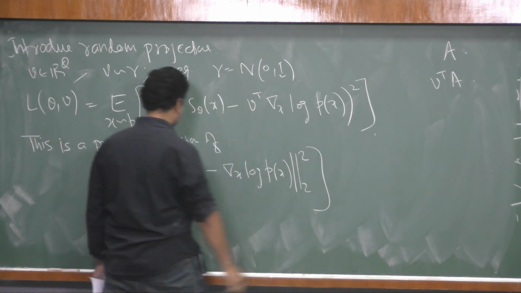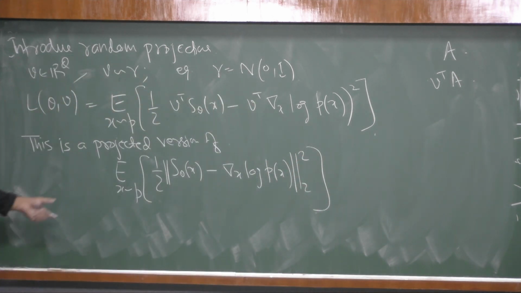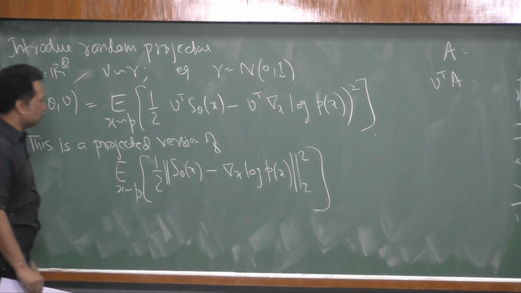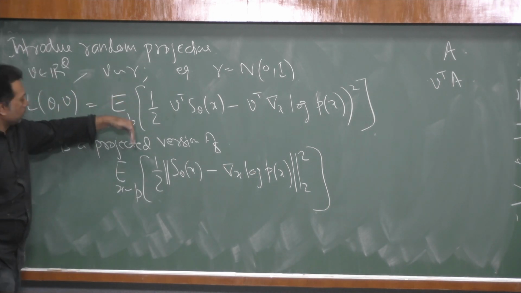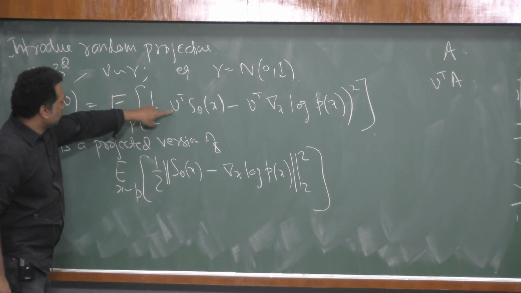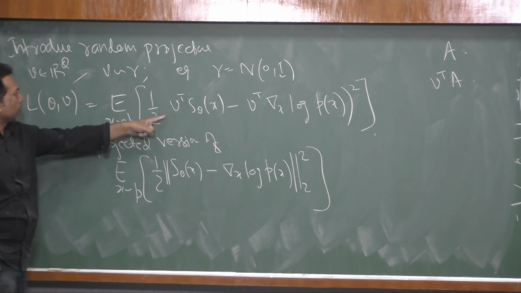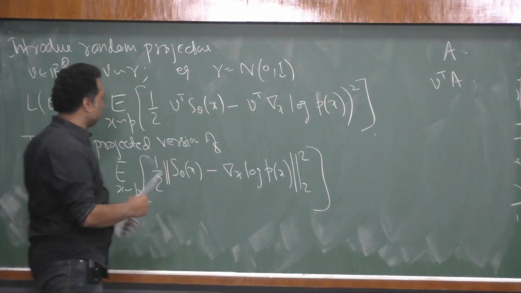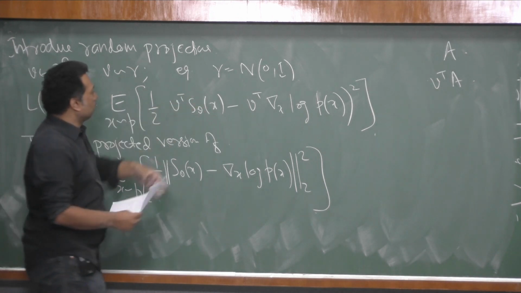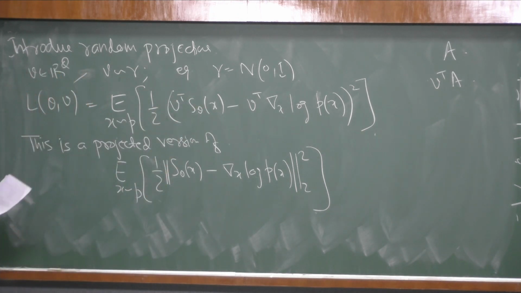So this was our original objective. If you recall, we are doing score matching where s theta must match the original distribution, and this is the projected variant where the new thing is v. Since this becomes a number, I remove the norm because these are two numbers now. So I just take a square, basically. This is a parenthesis here. I just look at the square, I remove the norm there.